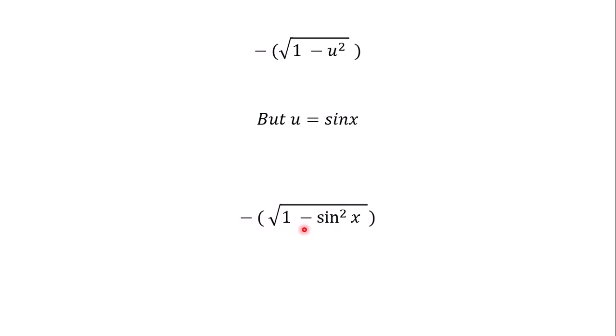So having 1 minus sine squared x here can be equated to cos squared x. So instead of maintaining this one, I'm just going to replace it with cos squared x. Now when you take the square root of cos squared x, you are going to get cos x, and then we multiply it with the minus, and that will give us minus cos x.